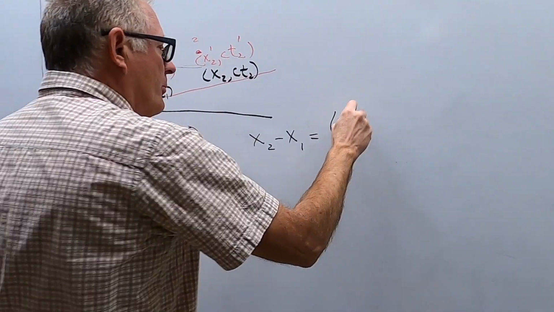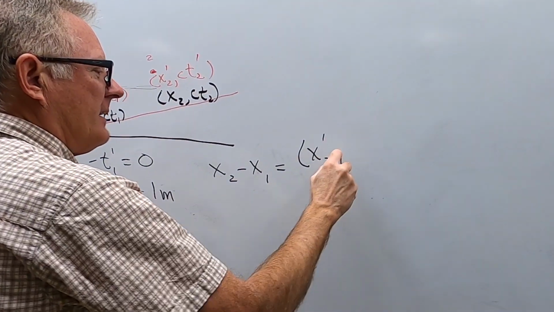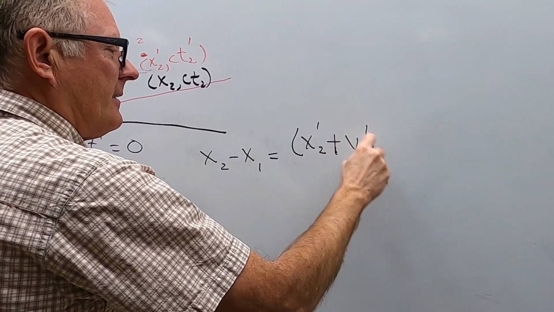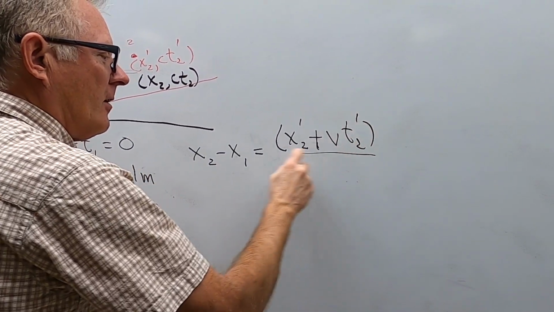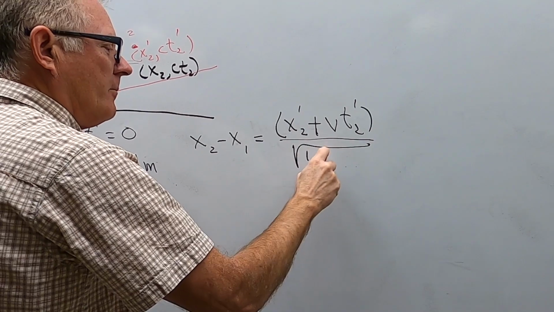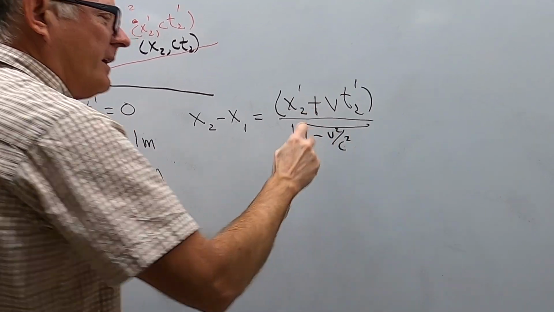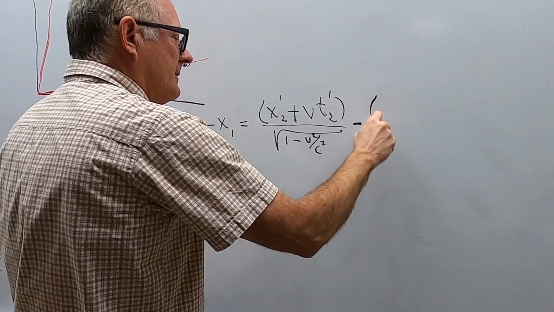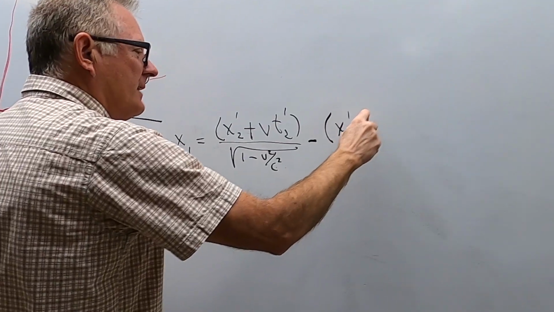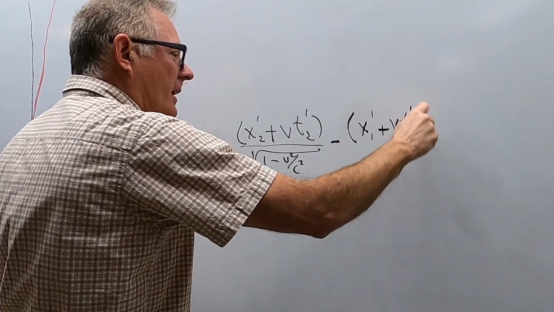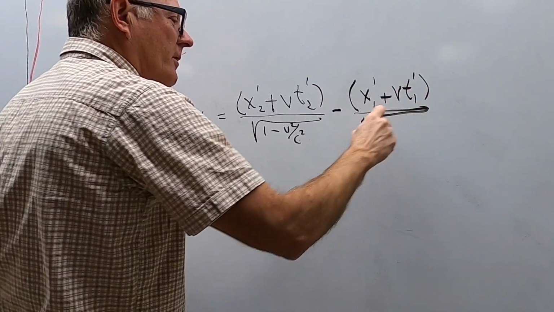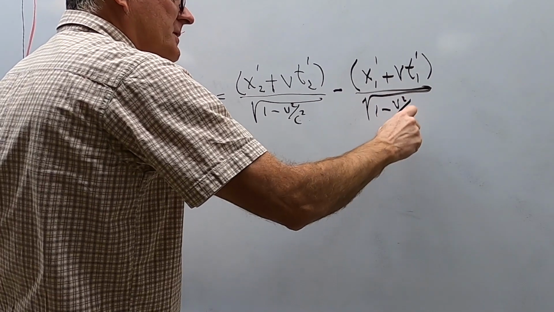So that's x2 prime plus vt2 prime all over the square root of 1 minus v squared over c squared, minus x1 prime plus vt1 prime all over the square root of 1 minus v squared over c squared.